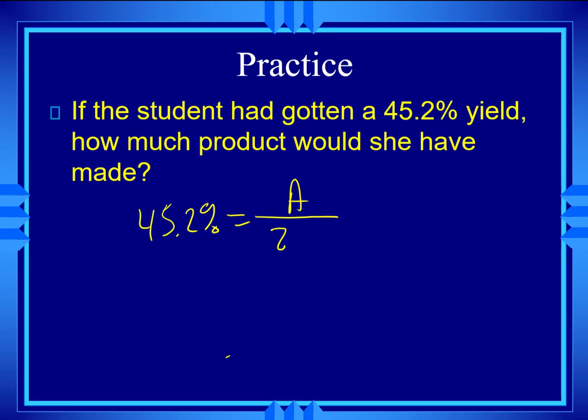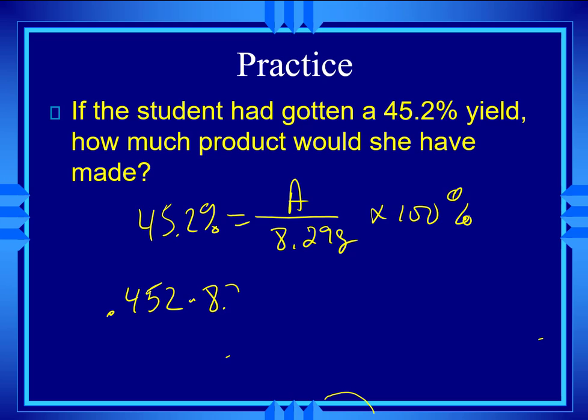Over the theoretical, which we just said was 8.29 grams, times 100%. So really what I'm going to do is take 45.2% of 8.29. That make sense? So I'm going to divide by 100 to get my 0.452. I'm going to multiply both sides by 8.29 grams.